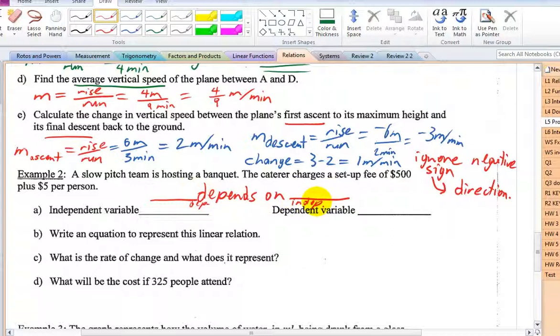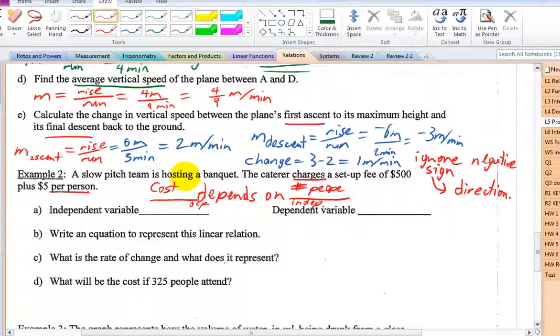So we've got to do depends on sentence. The caterer charges a setup fee of $500 plus $5 per person. So we have a charge and per person. So the independent variable would be the number of people that go to the banquet. The dependent variable will be the cost or the charge.